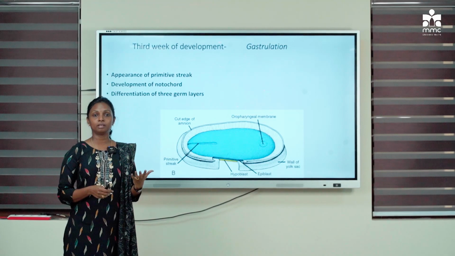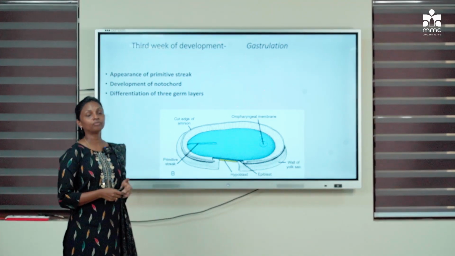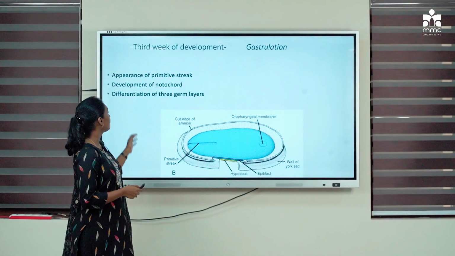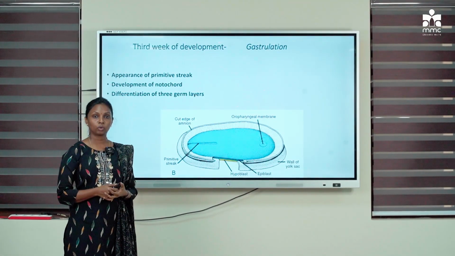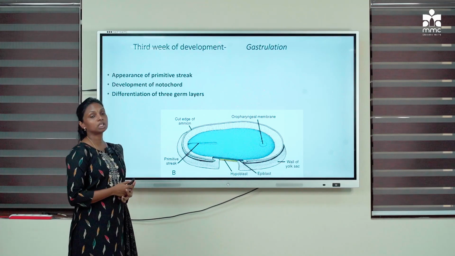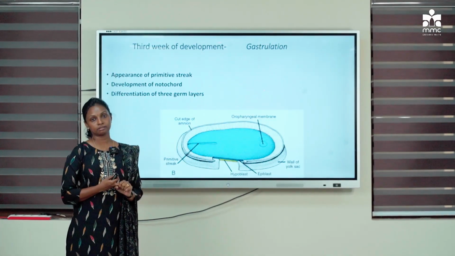What are the other events happening in the third week of intrauterine life? One is the appearance of the primitive streak, next the development of the notochord, then the differentiation of the three germ layers.